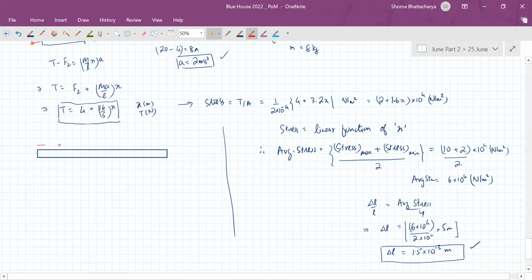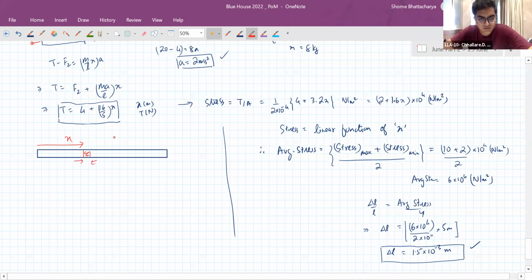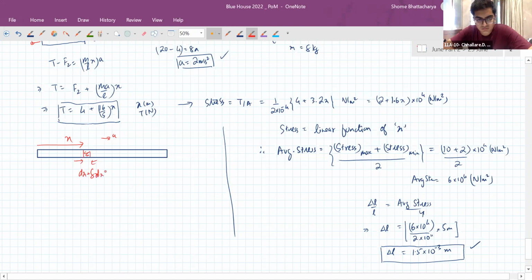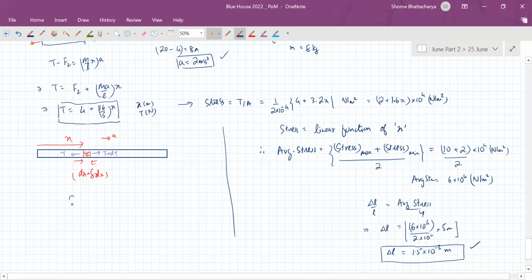So at a position x, if you consider a differential element, which because of this acceleration is under elongation, like this, then for this you can apply strain is equal to stress upon Young's modulus.